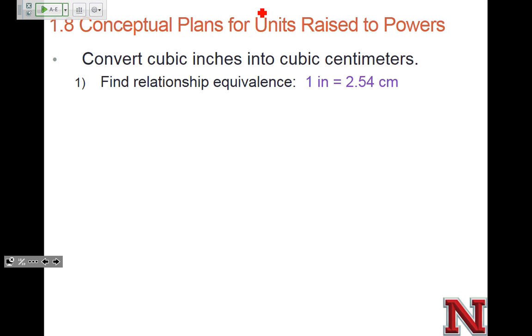Remember, if we divide inches cubed by inches, we're going to end up with inches squared. So for that to fully cancel out, we need to divide it by inches cubed. Otherwise, we're not going to fully cancel out. So we can do that, but we have to cube the entire relationship.